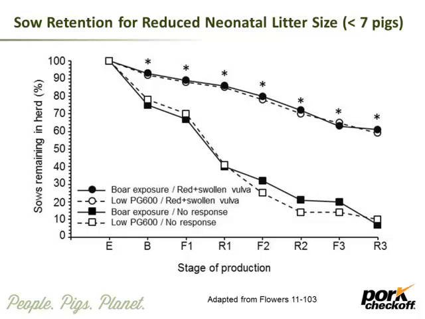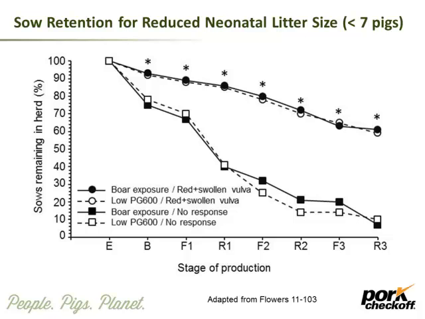And this graph clearly shows that those females that responded either to boar exposure or a low dose of PG600 beginning at 140 days of age stayed in the herd for a much longer period of time than those females that didn't respond either to boar exposure or to PG600. So essentially you could give half a dose of PG600 to your replacement gilts at 140 days of age, and you could predict the incidence that they would stay in the herd over a longer period of time based on their response to that.